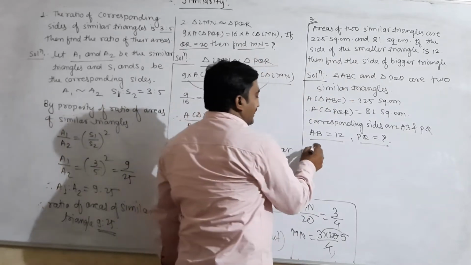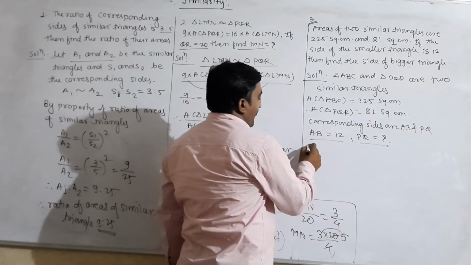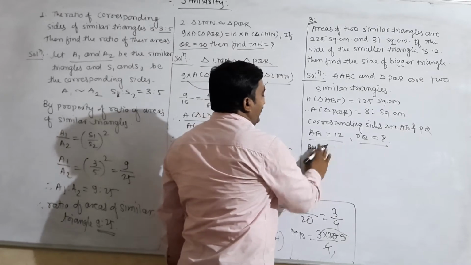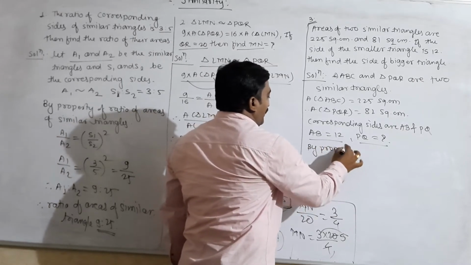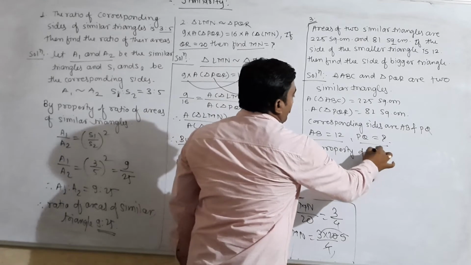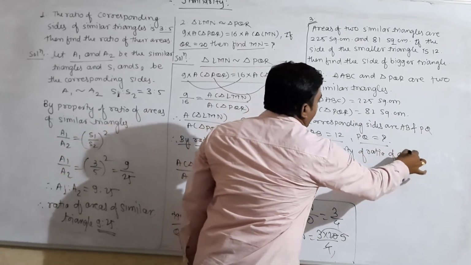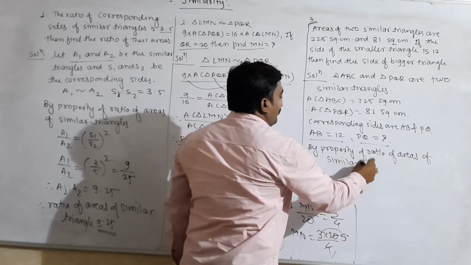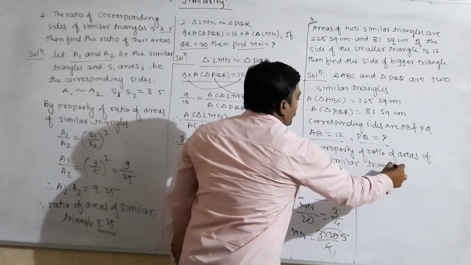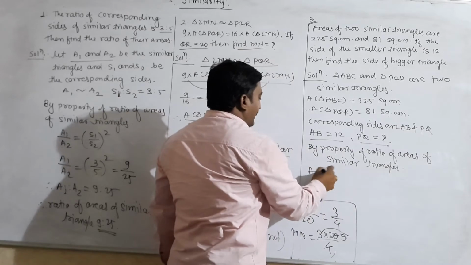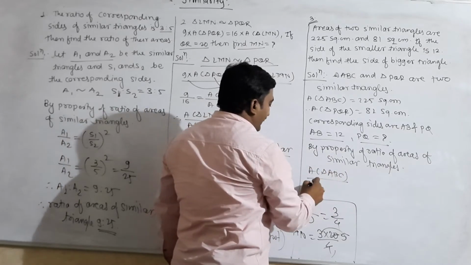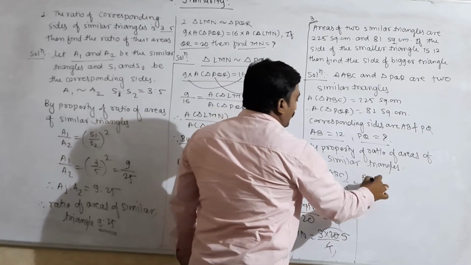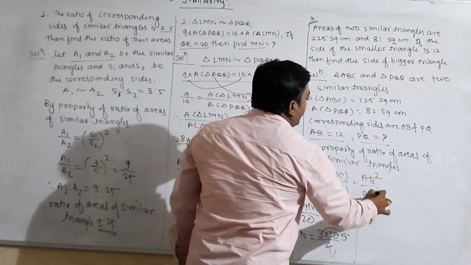So we can write, by the property of ratio of areas of similar triangles, area of triangle ABC divided by area of triangle PQR is equal to AB square divided by PQ square.